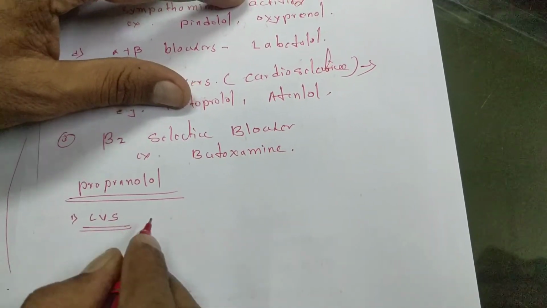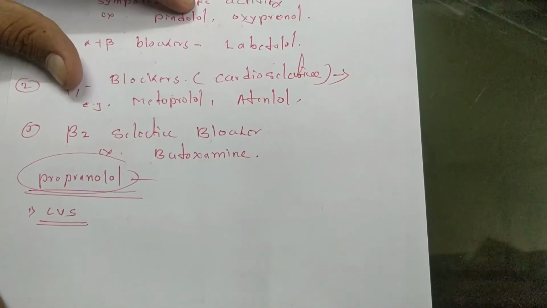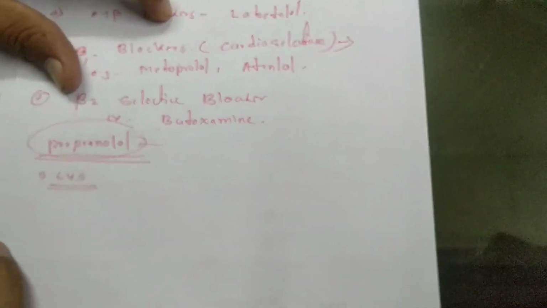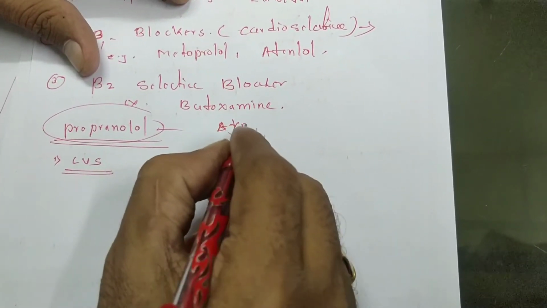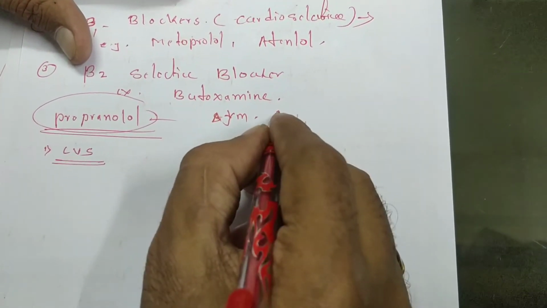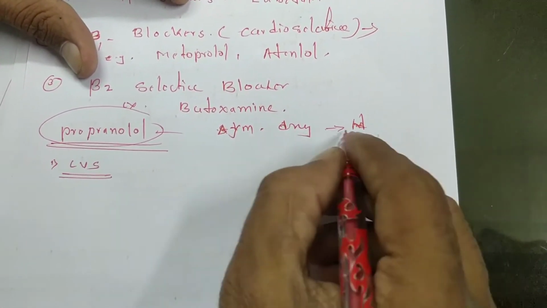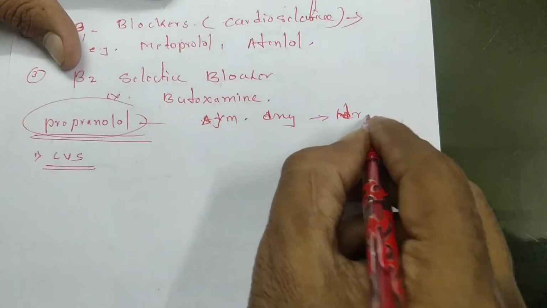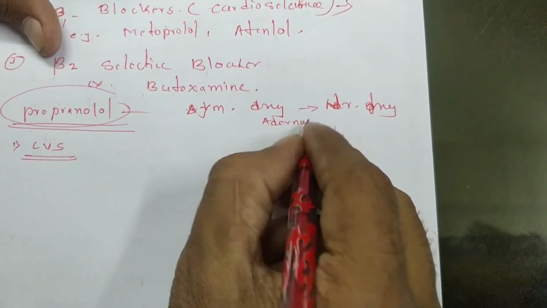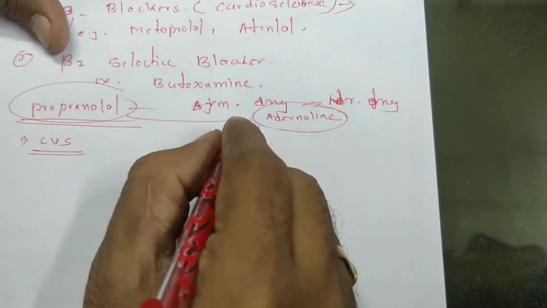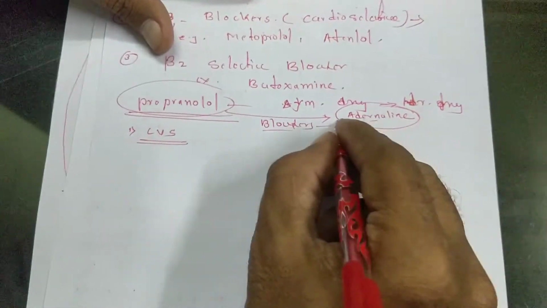Propranolol is a blocker of sympathetic drugs, that is adrenergic drugs. Example, adrenaline has a stimulatory effect. Propranolol is an adrenaline blocker. It blocks all the actions of adrenaline.